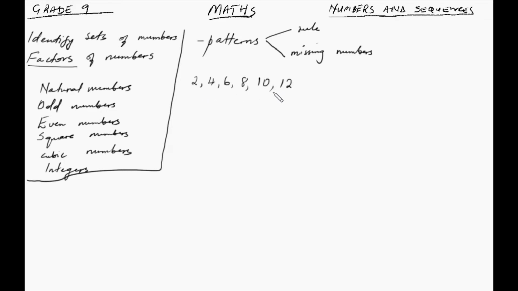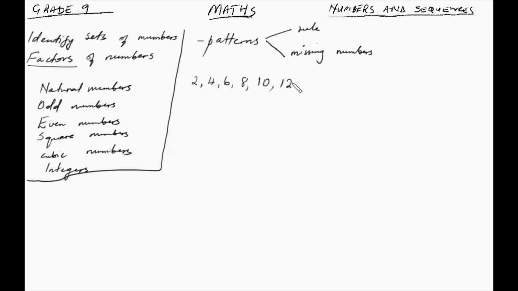This is the first six even numbers. When we write them like this, we call this a sequence. We call it a sequence of even numbers.